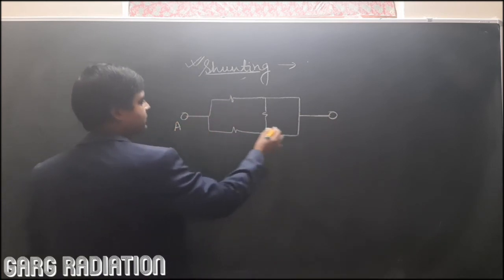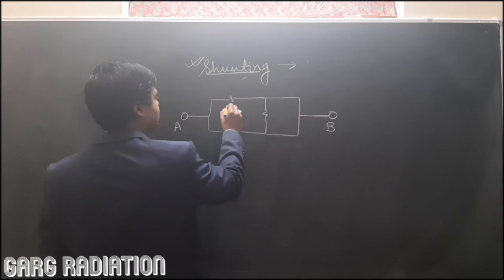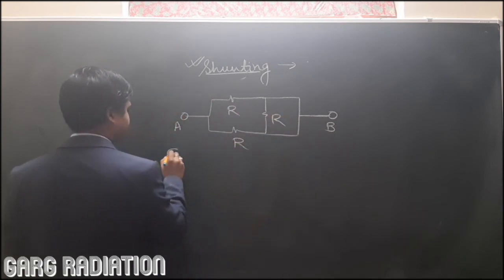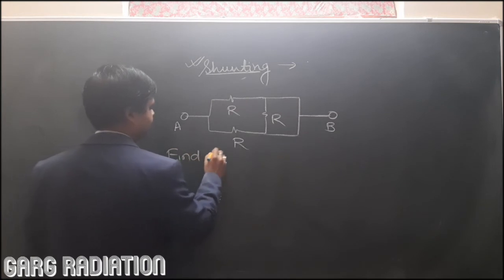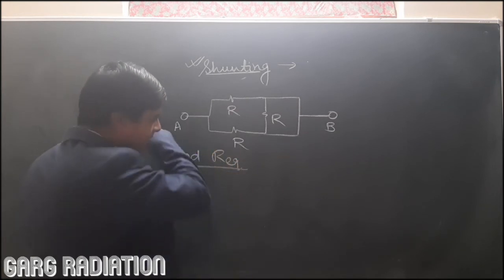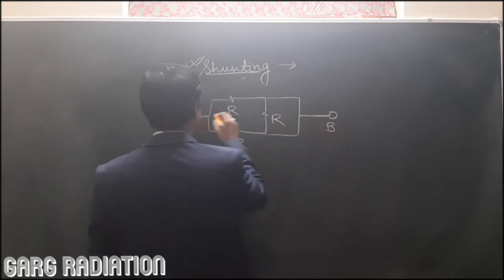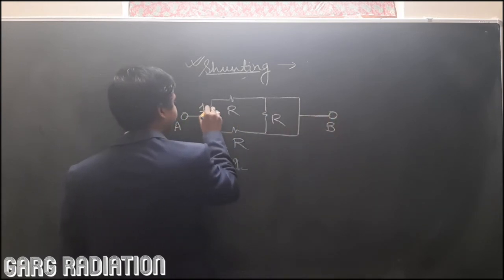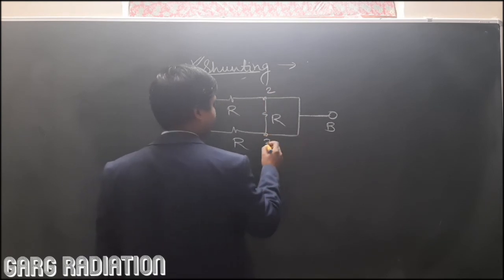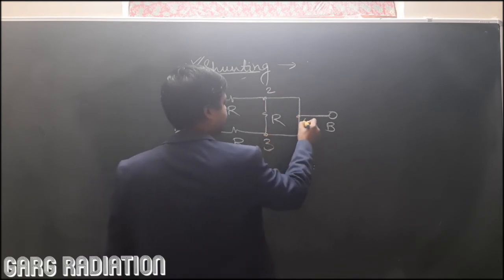This is A, this is B. All the resistances are equal, R, R and R. We have to find R equivalent. Okay. So how do we do that? See, suppose A is connected with 1. Here we have point 2, here we have point 3 and here we have point 4.